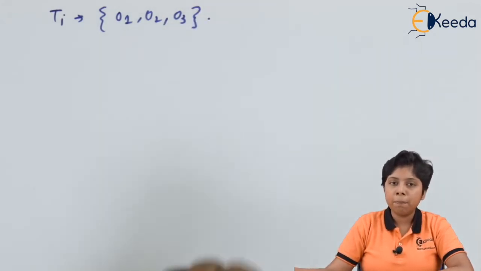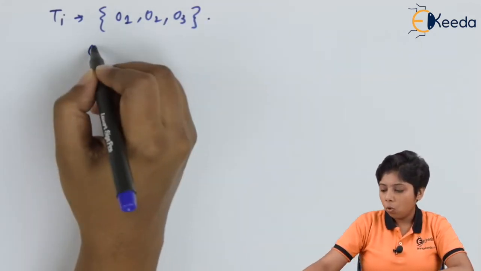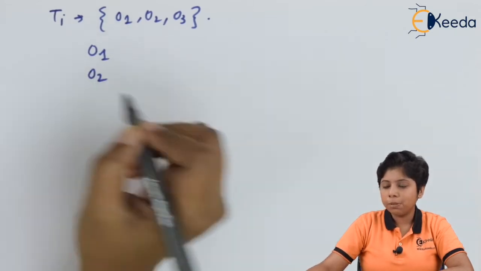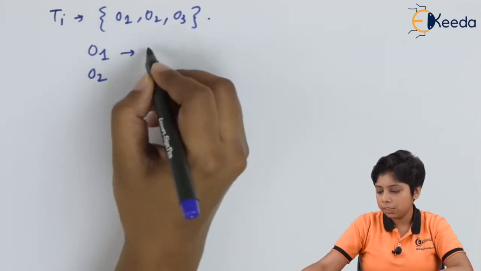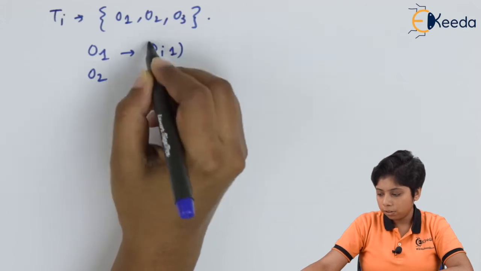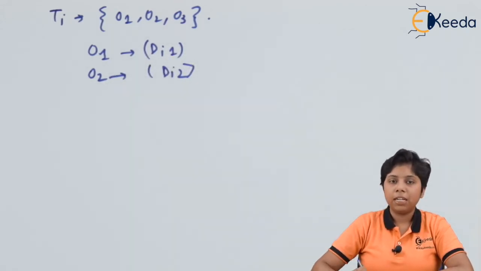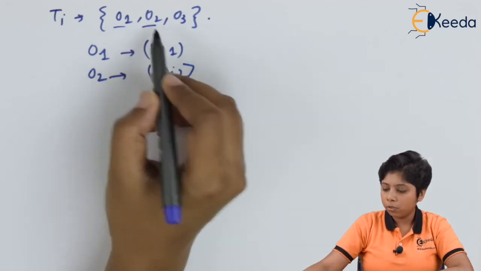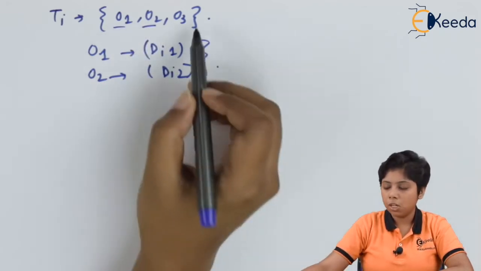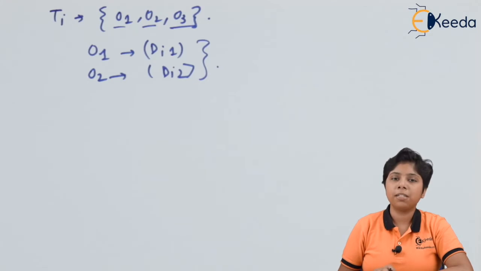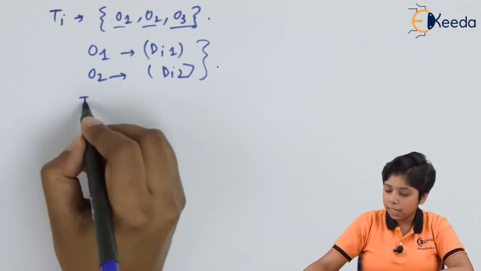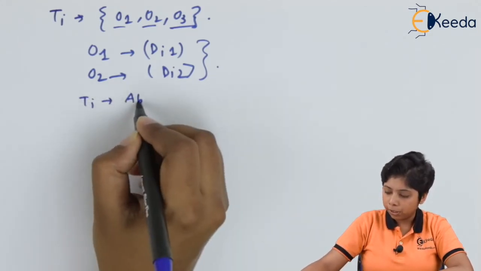Now, as in an immediate database modification, O1 and O2 have been written to the database with this DI1 and DI2 modification. Now what happens is that after O1 and O2 have modified the database, O3 cannot complete the transaction TI and TI aborts on this O3.